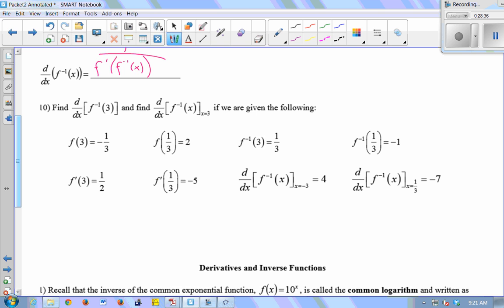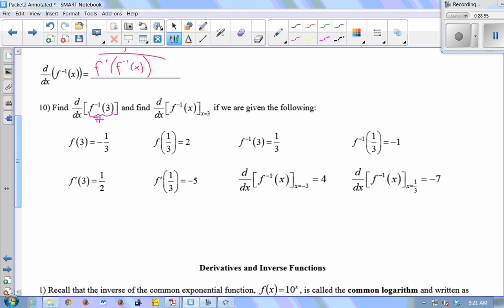So this is just some number. f inverse of 3 is just some number, what you get when you plug 3 into the inverse function. What's the derivative of some number? 0.